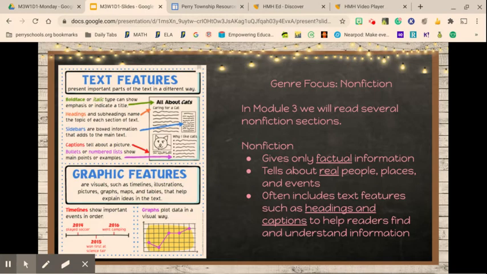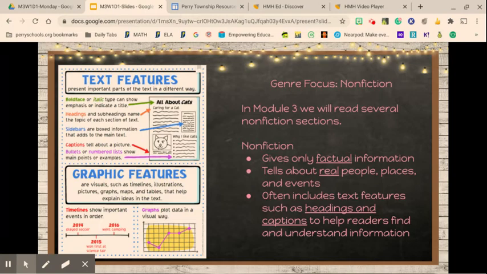A lot of times when someone asks you what is nonfiction, we might say nonfiction is real. I want to get away from that because nonfiction gives us real information, so I want to focus more on the information part of it.